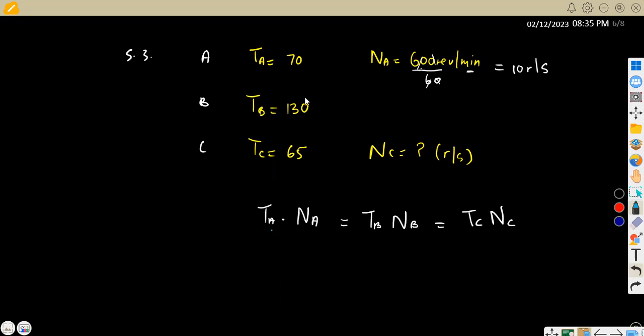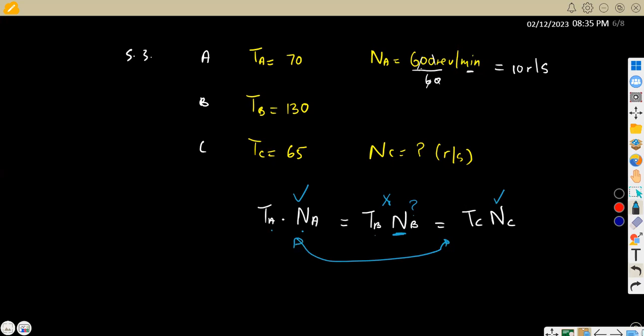TA, we have TA, NA, we have NA. So we're going to choose this one. TB, we have TB, but we do not have NB. So it is difficult to work with this unless we find NB first. But since we want to find NC, we are just going to equate these two together.